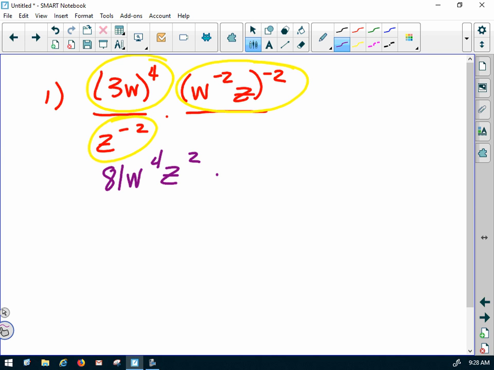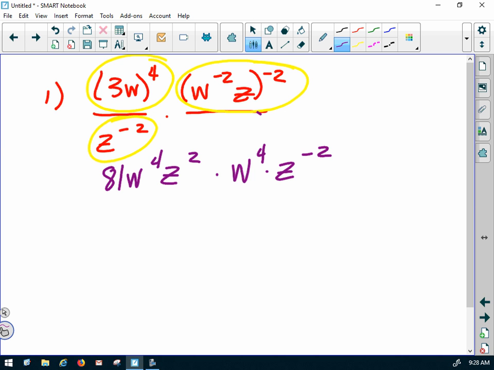A times B, all raised to the m power, is A to the m power times B to the m power. So W to the negative 2 raised to the negative 2 power is going to be W to the 4th power, because you multiply the exponents, W to the 4th power times Z to the negative 2 power.